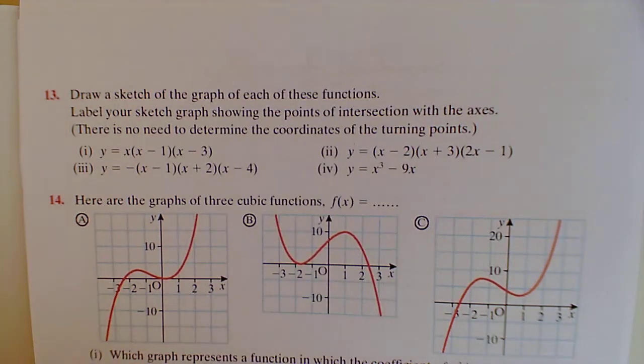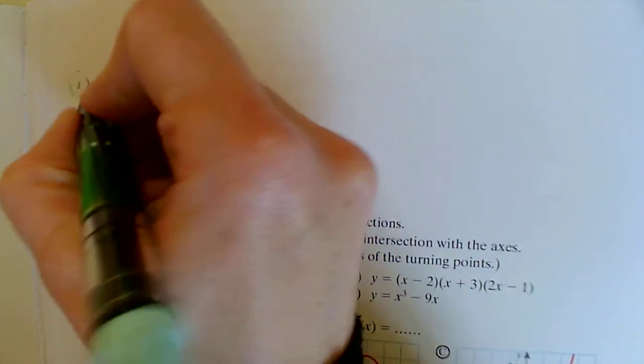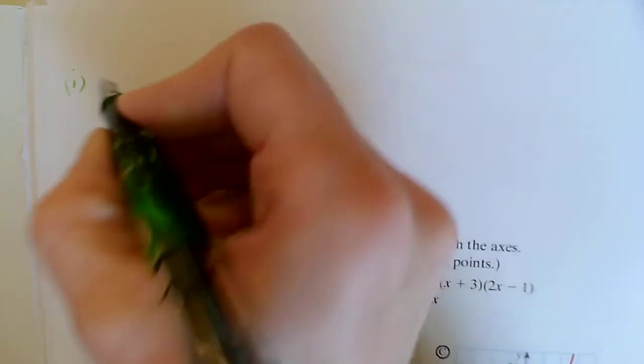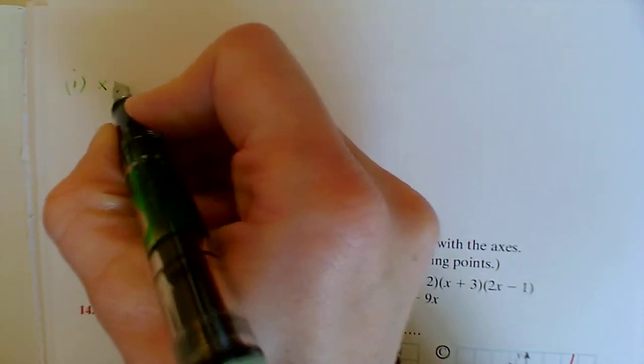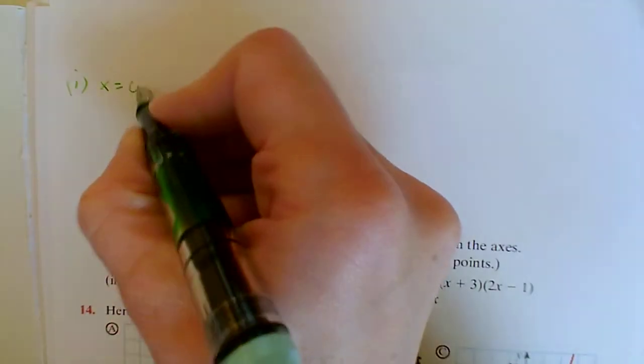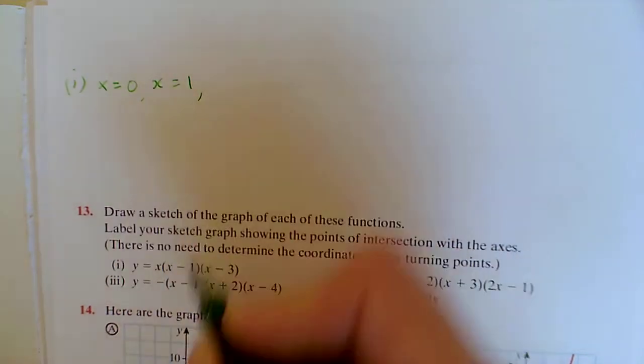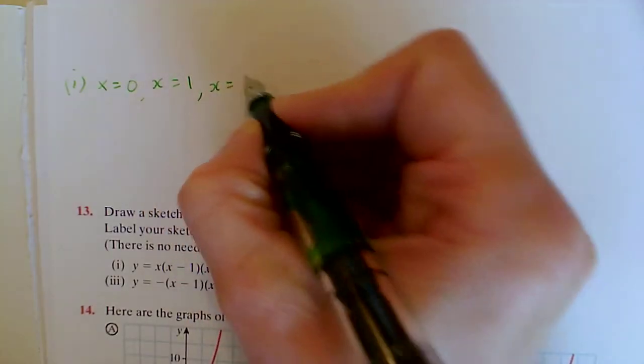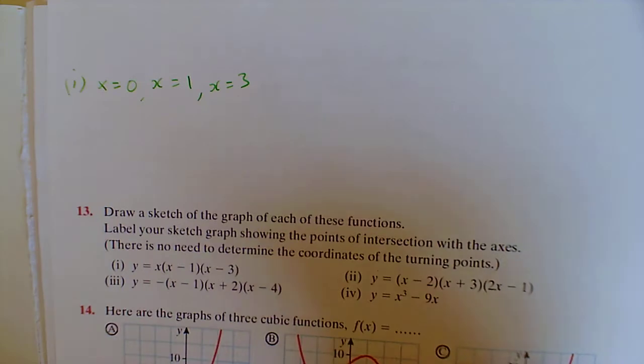So what we need to find is the roots where it intersects the x-axis and the y-intercept where it intersects the y-axis. So for number one, it's going to intersect the x-axis at x equals 0, x equals 1, and x equals 3. So I'm just using the three factors that I'm given there.